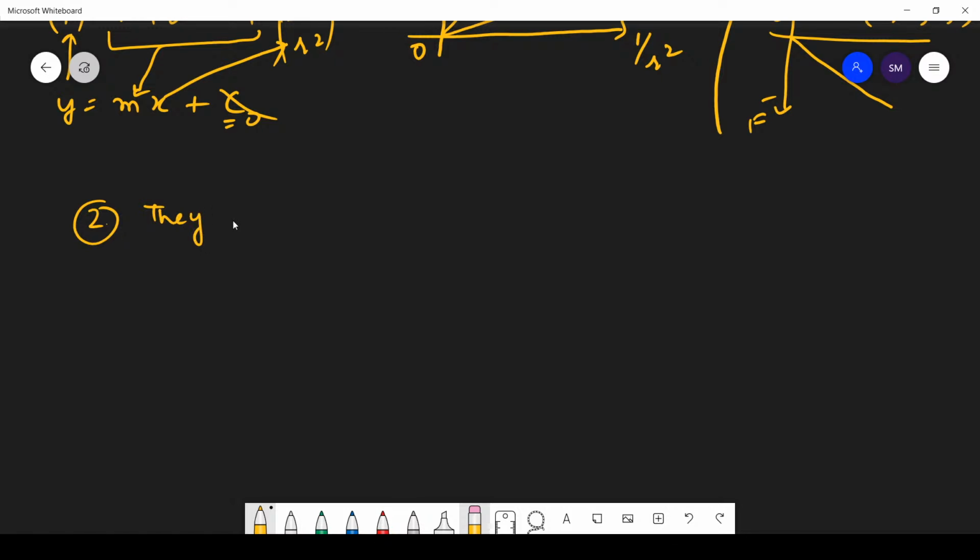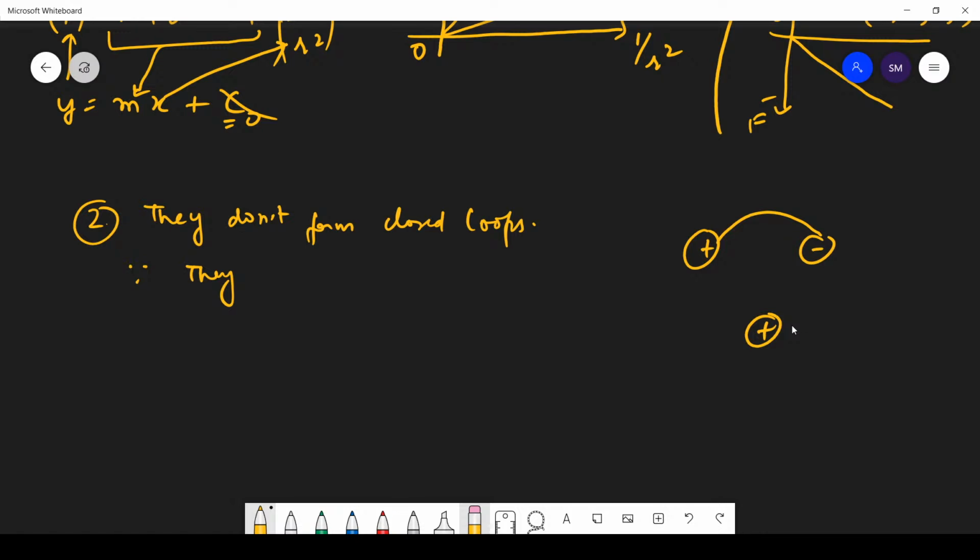Electrostatic field lines do not form closed loops because they start from positive and end at a negative charge. If there is only one charge, then they start from positive and end at infinity, and if there is a negative charge, they start from infinity and end at negative. So they start from positive and end at negative if there is a dipole.